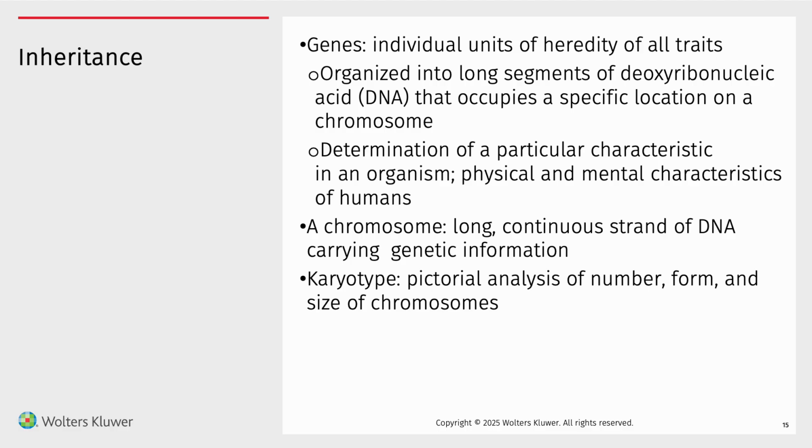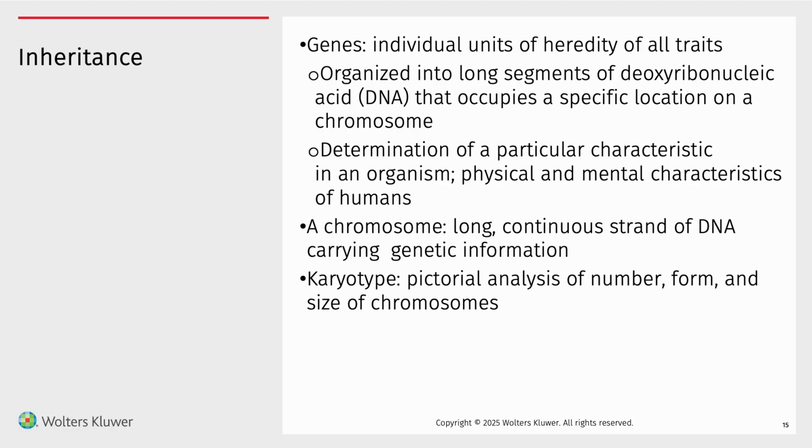DNA is a long double helix molecule that contains genetic instructions. Chromosomes are long, continuous strands of DNA wrapped around proteins, carrying genetic information. Humans typically have 46 chromosomes arranged in 23 pairs.